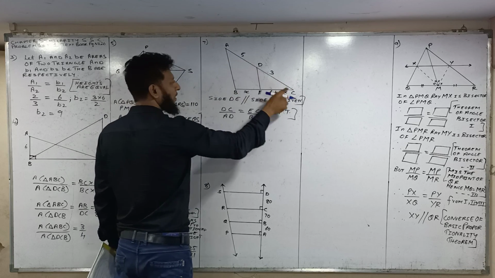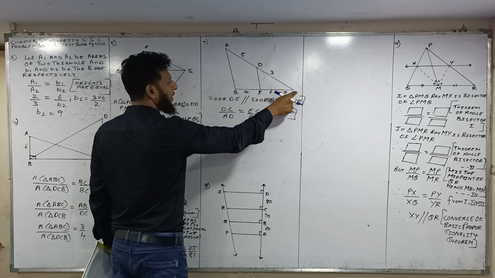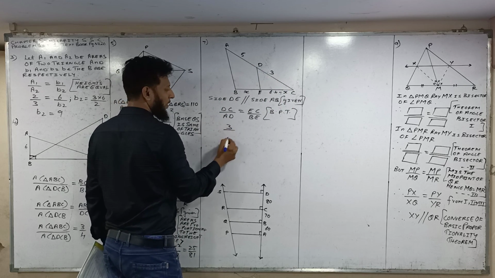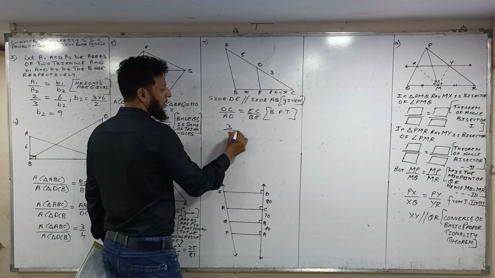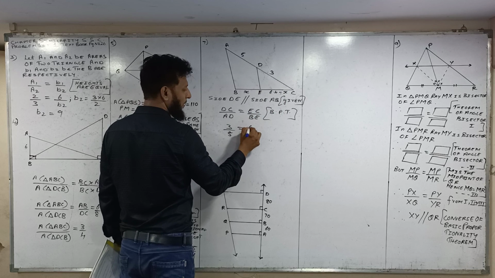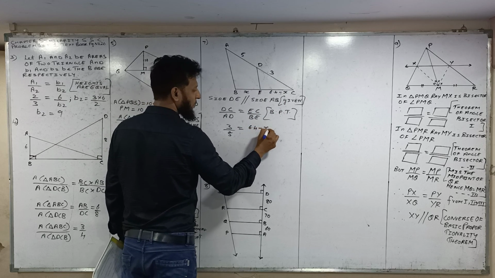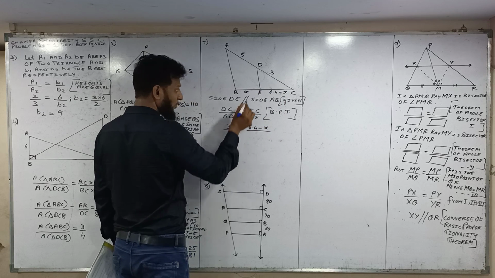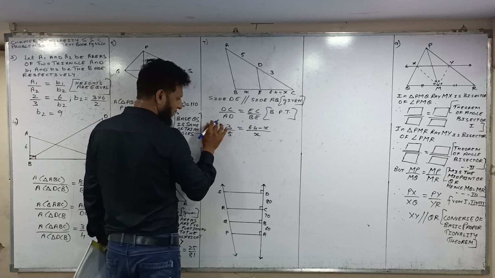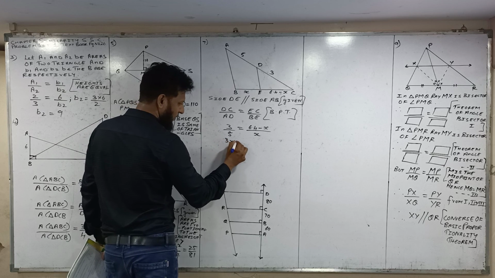Giving the name according to the textbook, we can write CD or DC also. DC is given 3, AD is given 5, and EC is 6.4 minus X upon BE, which is equal to X.